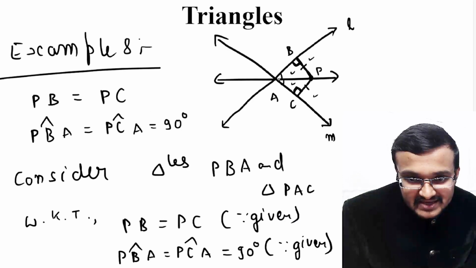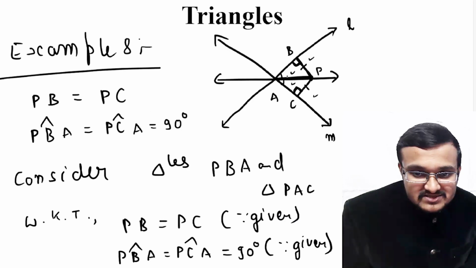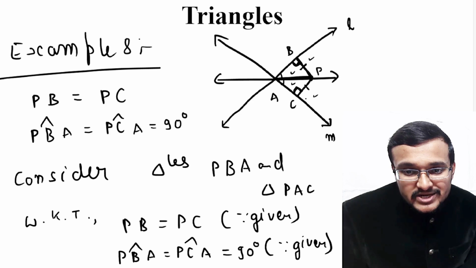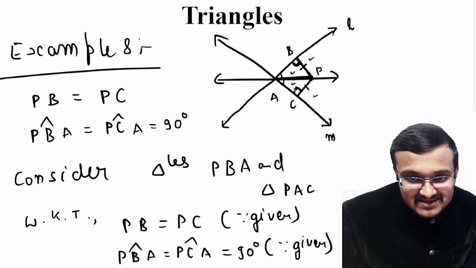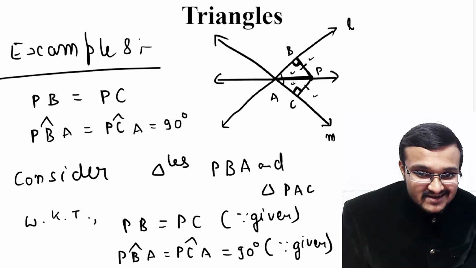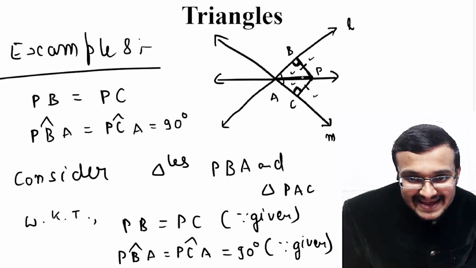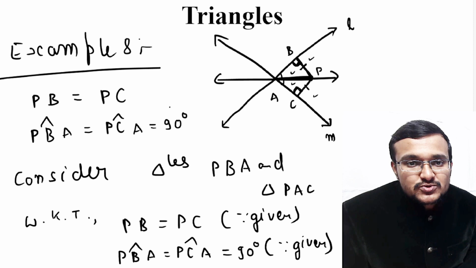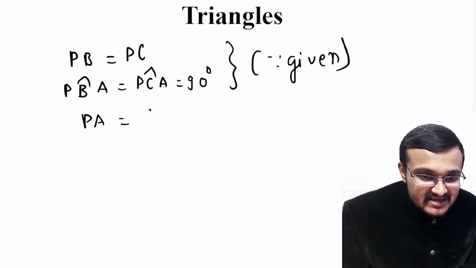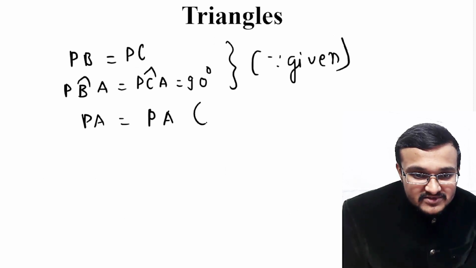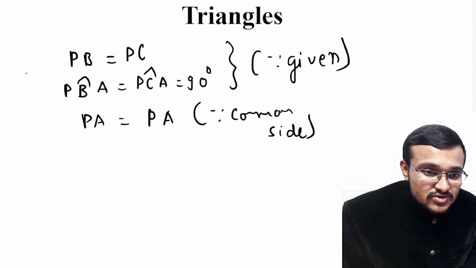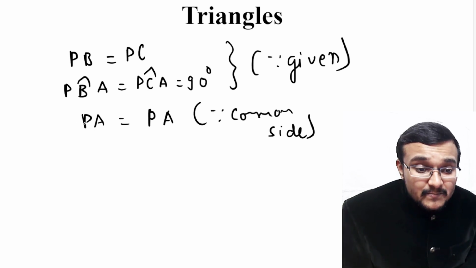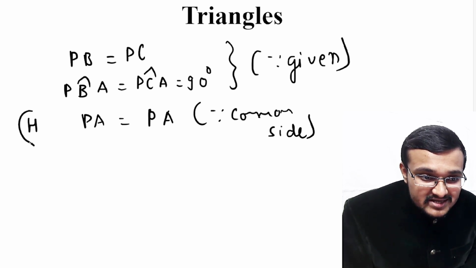Since these two triangles are right angle triangles, one angle is equal to 90 degrees in both the triangles, and PA acts as the hypotenuse of these two triangles. So PA is equal to PA, which is the common side.